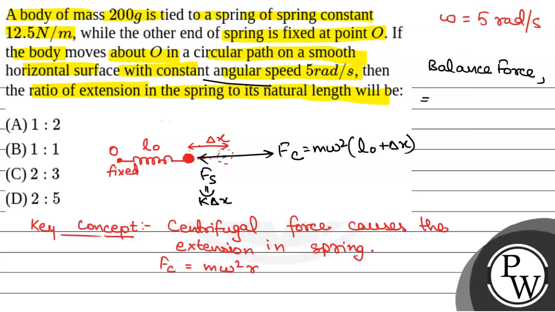So force is balanced. In the radial direction, we will have m omega square into L naught plus delta x equal to k delta x.